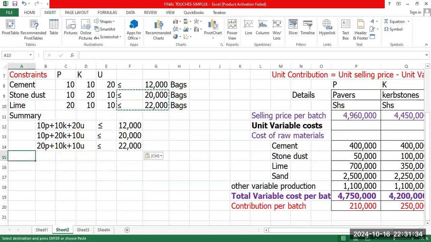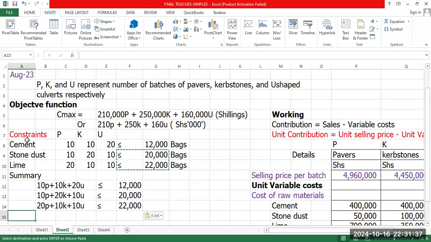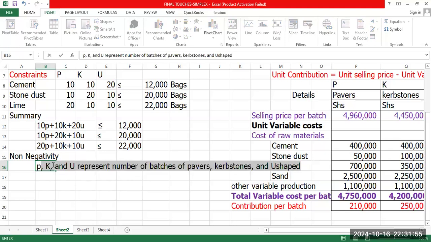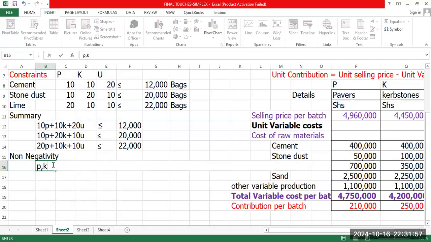Then you bring your non-negativity. You have stated your constraints. Now bring your non-negativity. You have P, you have K, you have what? U. All should be greater or equal to 0.